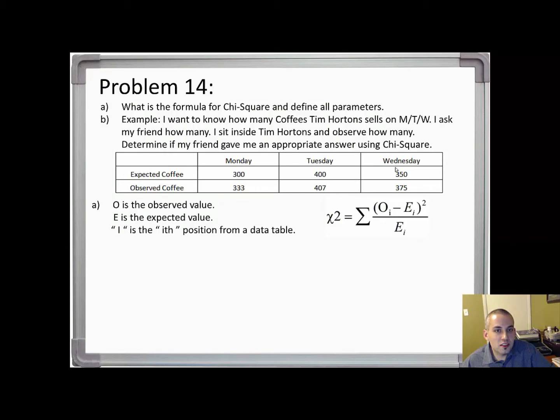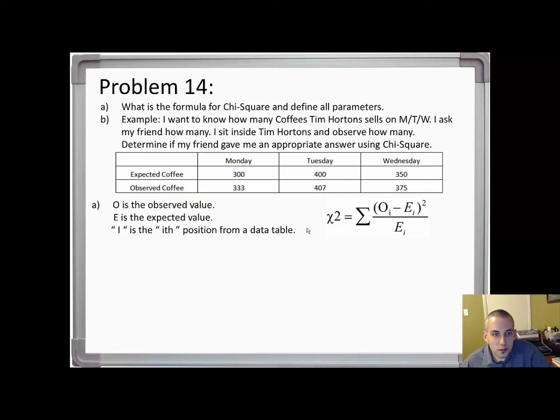So let's say he typically tells me these values. And for those days, I go ahead and sit inside Tim Hortons and observe how many there actually are. And I count on Monday, Tim Hortons sells 333, Tuesday 407, and Wednesday 375. So let's determine if my friend gave me an appropriate answer using chi-square. It's goodness of fit.